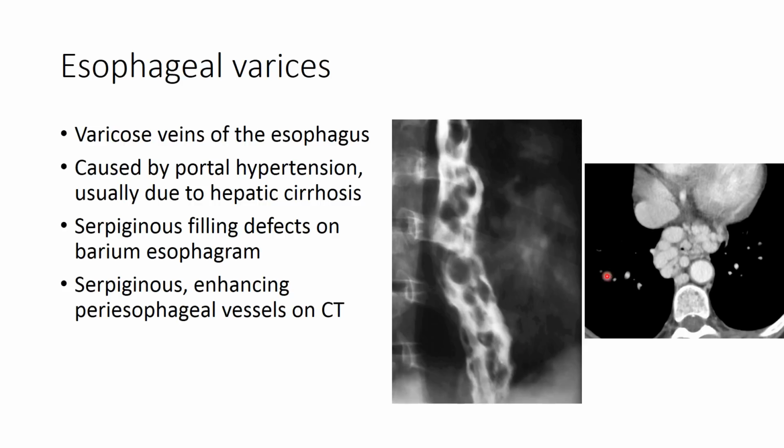On CT scan, you see all these serpiginous, dilated, contrast-filled veins surrounding the esophagus, and this is very characteristic for esophageal varices. This is usually not a subtle diagnosis. These are usually fairly severe.